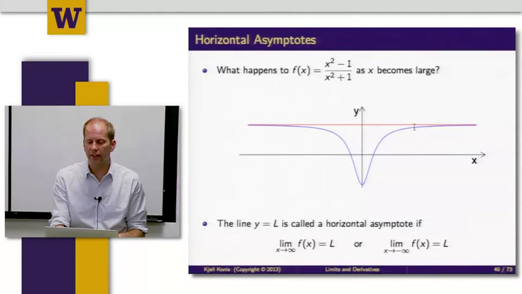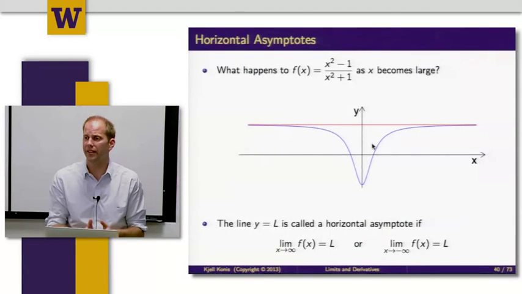And so the definition of this red line, so if I look at the limit as x goes to infinity of f of x, if that approaches some finite value, then I'm going to say that this function f of x has a horizontal asymptote at that value. And the way I've designed this example, you get the same value if I go to plus infinity or minus infinity.